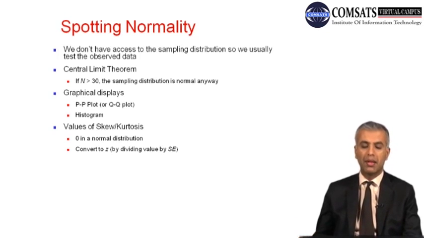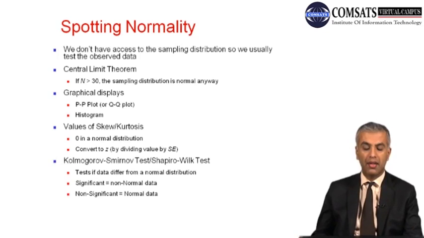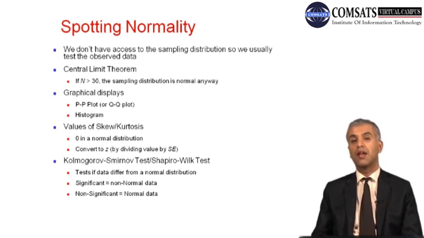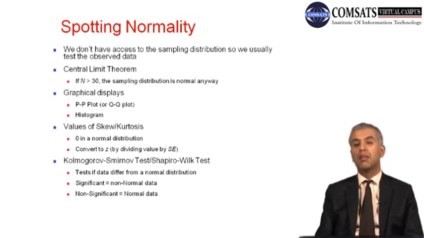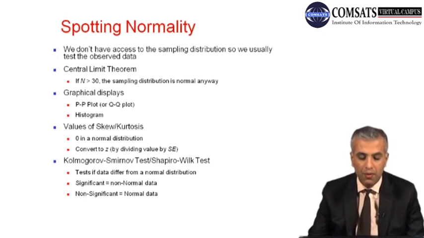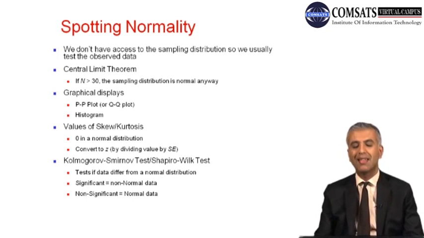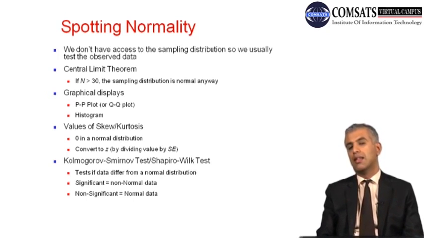So here there is another way of trying to find out whether your sample is normally distributed or not. Here we have got two tests: the Kolmogorov-Smirnov test, also termed the KS test, and the Shapiro-Wilk test. These tests try to find out whether the sample data set is following a normal distribution or not.